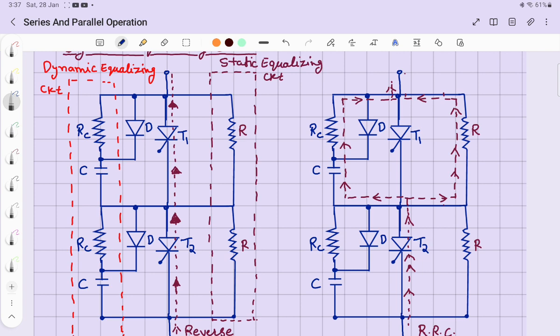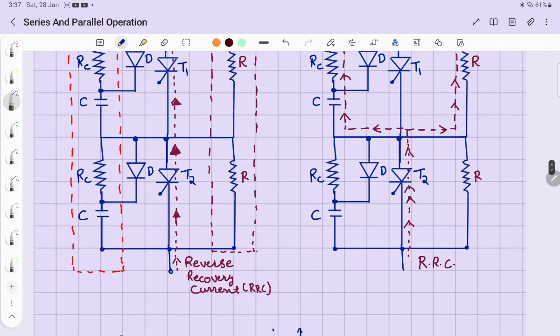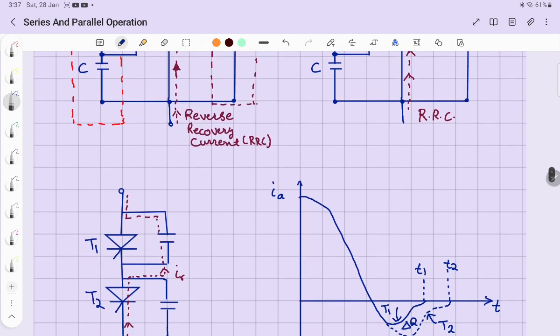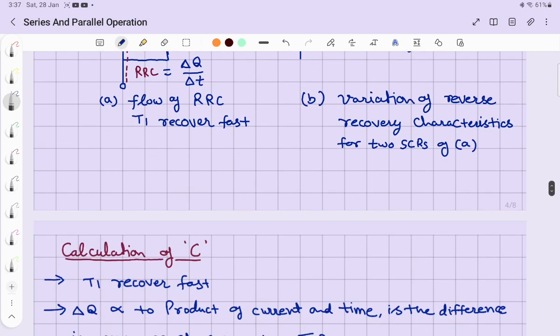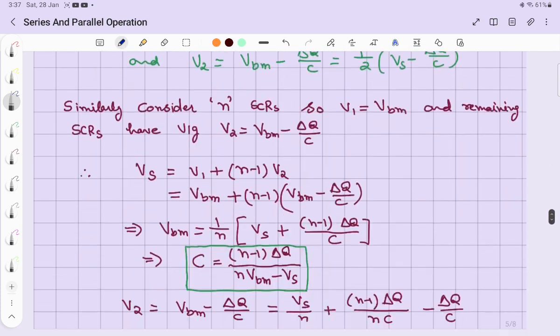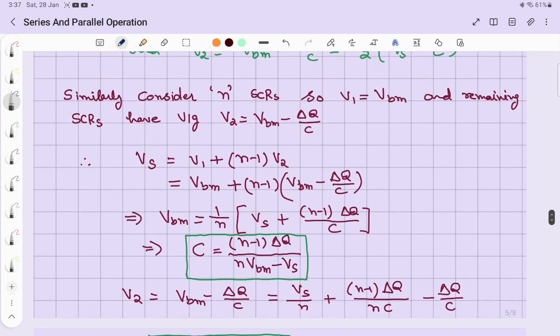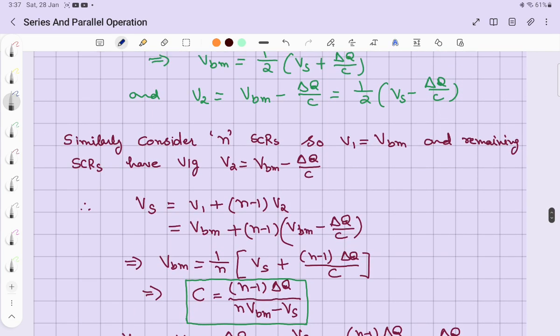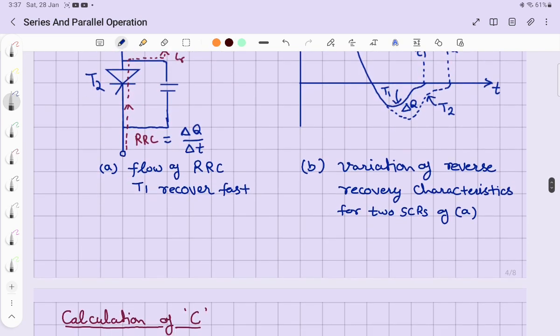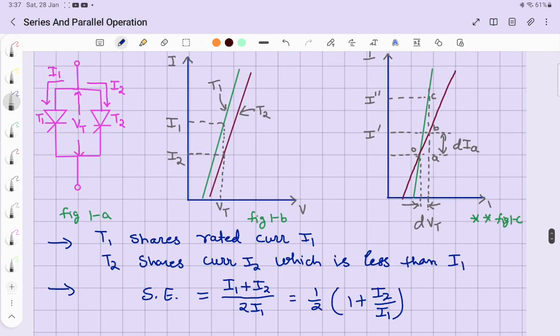And to reduce the time constant we connect the diode here. It will bypass the RC during the charging of the capacitor. Hope you all remember those things which we studied in previous classes, right? So in this way we can calculate the capacitor for the static and dynamic equalization circuit and the resistor for the static equalization circuit.